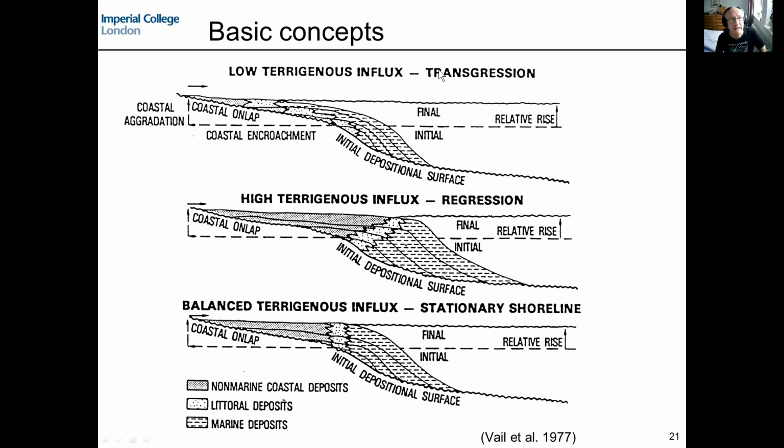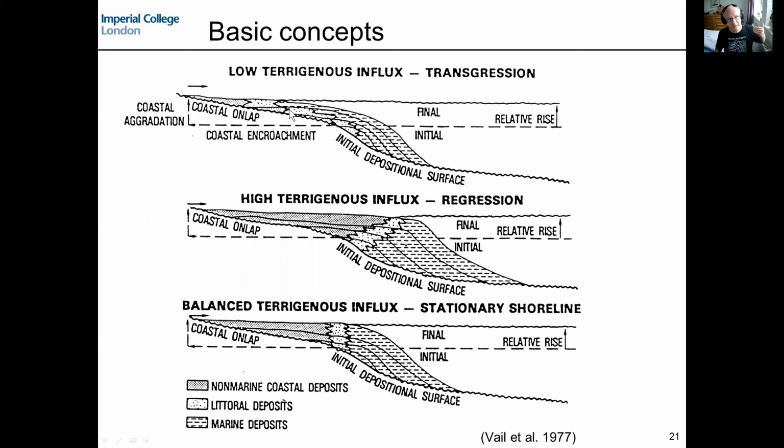In this top diagram, we have a low sediment supply, and if we look at the facies boundaries, these zigzag lines separated by different types of shading, they move towards the left, they move landward. That's because sediment supply is not keeping pace with the rate at which accommodation is being added. So the facies belts are stepping back towards the basin margin, and that would be transgression or drowning in shallow marine rocks.